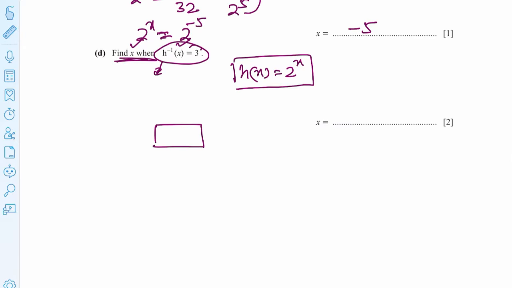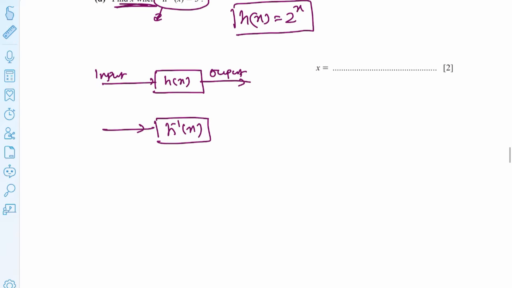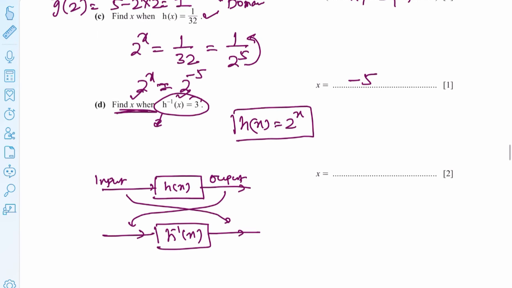If this is the main function and this is the input value, and if I put any input, I'll get some output. If I take the inverse function, the output value will be your input value, and the input value will be your output value. Did you understand clearly?